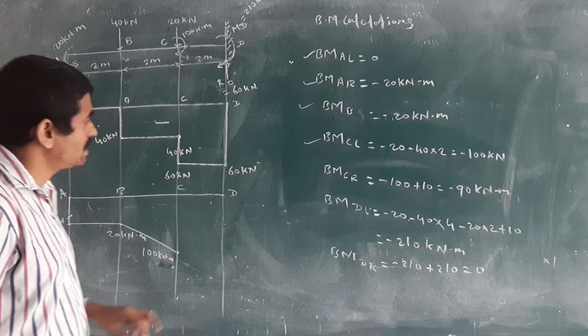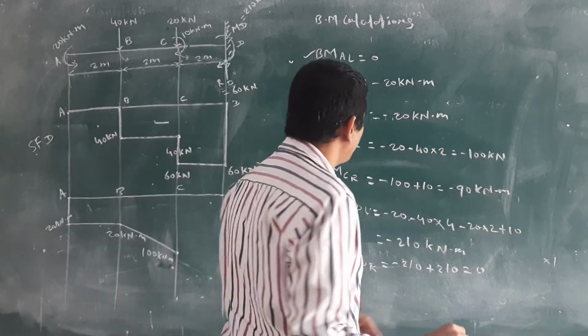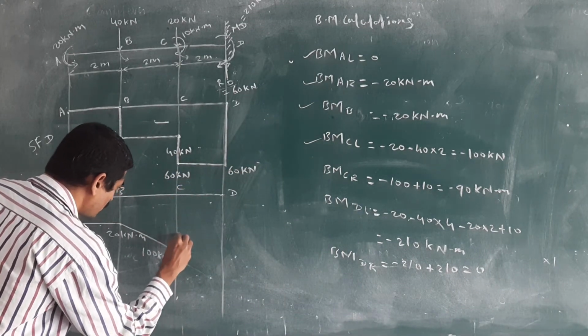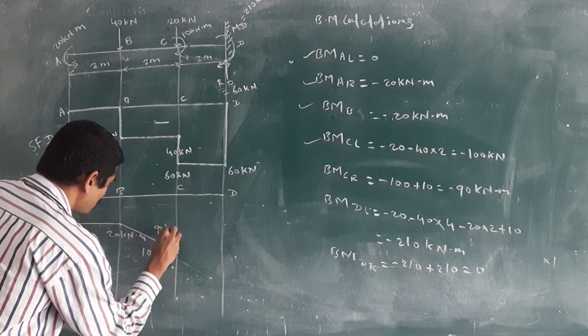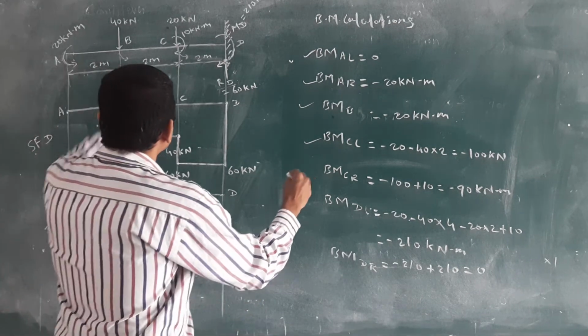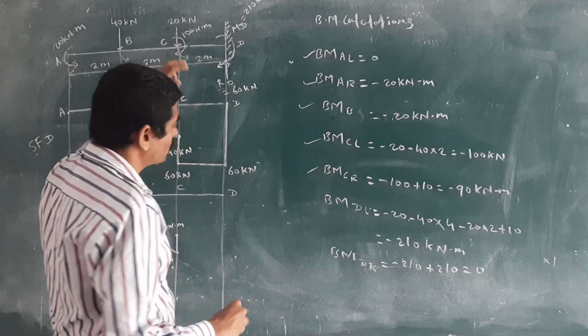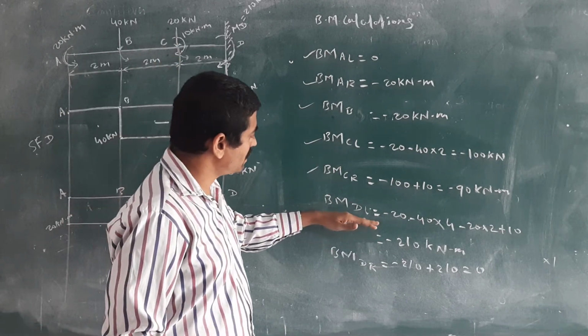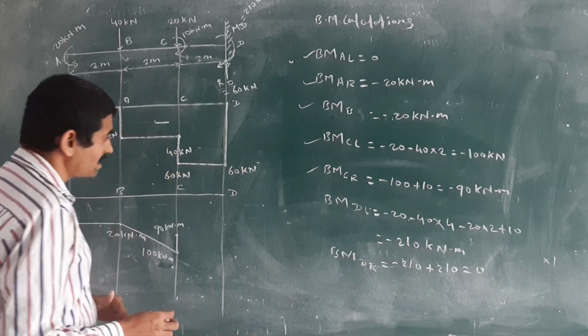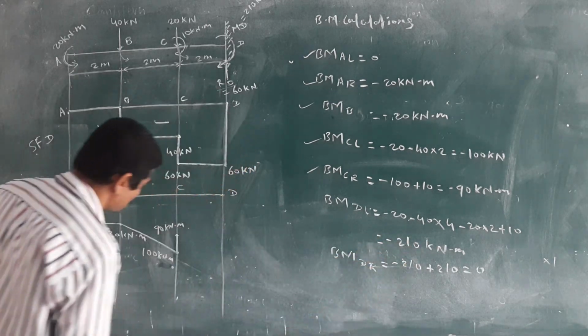At C point, just left side, and right side again minus 90, means we are going in the upward direction. Here is minus 90 kilonewton meter. Okay, because there is a moment, that's why we will get 2 points. Bending moment at D, just left side. Check again, we have the value minus 210.